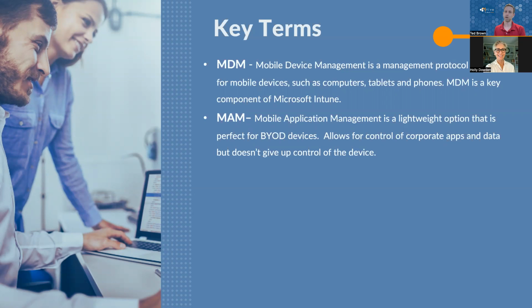Another possible way to do it with Intune is what's called MAM, Mobile Application Management. It's a lightweight option, which is nice for BYOD devices. The reason for this is maybe you only want to protect web applications in the cloud and define policies against those.